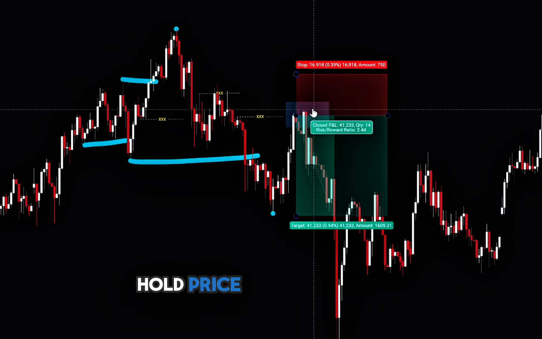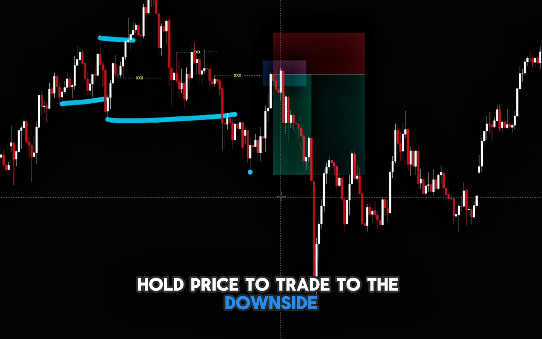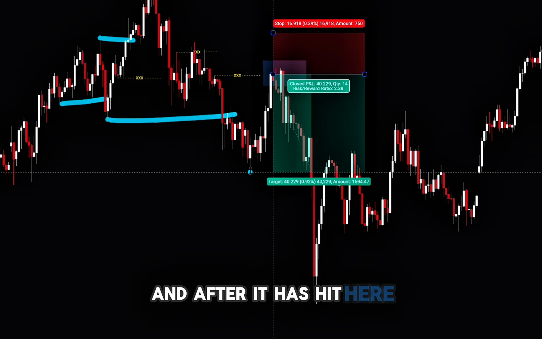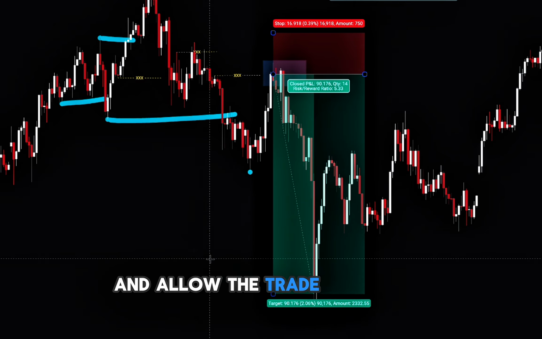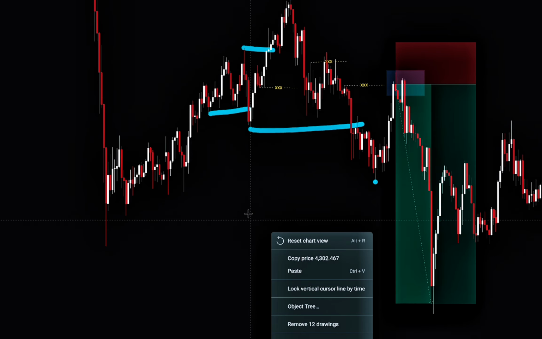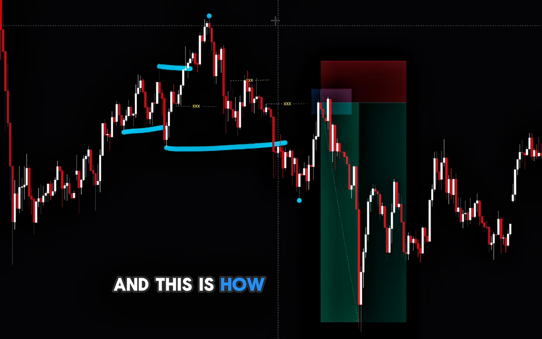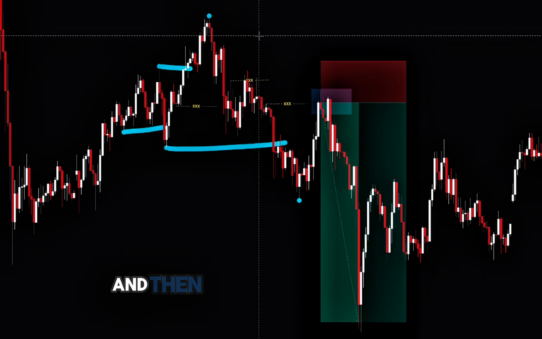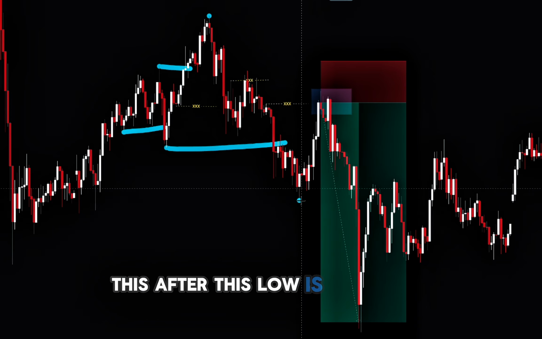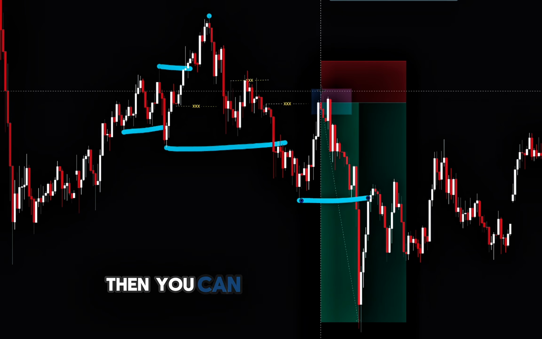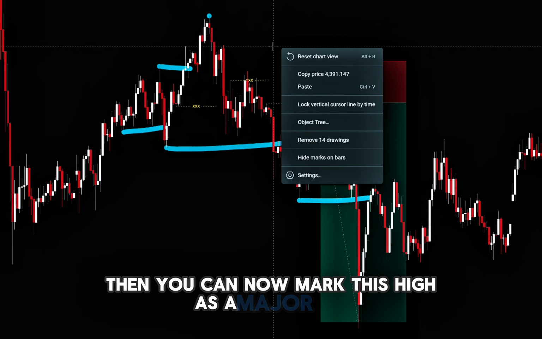Hold price to trade to the downside. And after it has hit here, you can take your first TP or go to break even and allow the trade to run to the downside. And this is how you mark your major highs and then your major lows and your liquidity. So after this low is also being broken, then you can now mark this high as a major high.